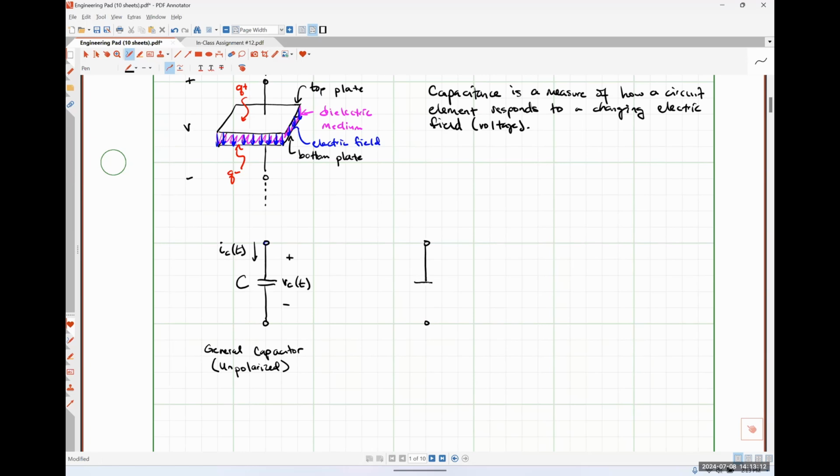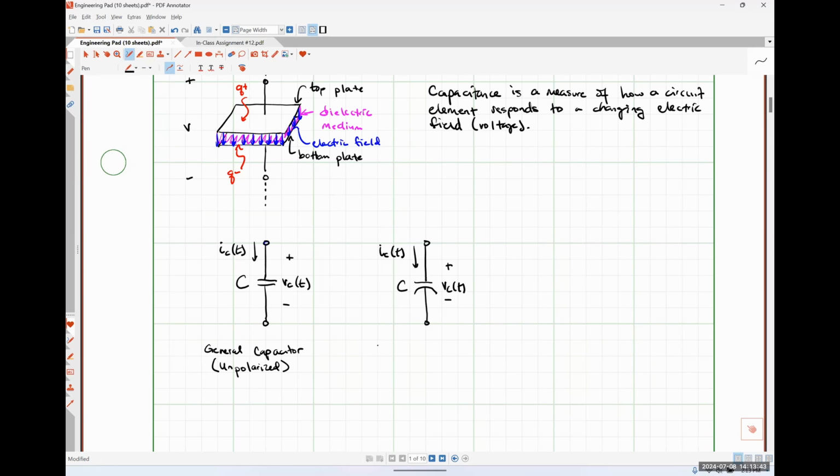We're going to have the top line the same, and then the bottom line, instead of representing the parallel plates, is going to have a curve to it, like so. And once again, the magnitude of the capacitance would be given. Here's the voltage drop across the capacitor, and here's the current flowing through the capacitor. While a lot of even textbooks use these two symbols interchangeably, they are technically distinctly different.